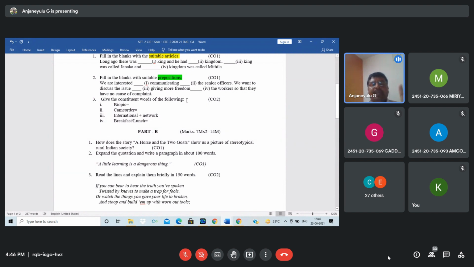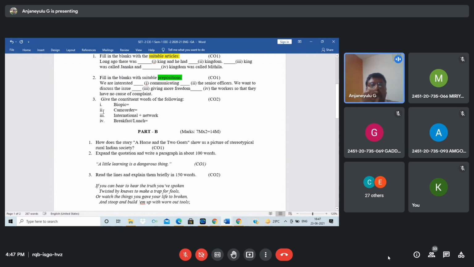What is the title of this? Vocabulary blendings. Did we discuss the blendings? Yes, sir. Blendings, contractions, compound words. So you have to elaborate the blendings. Here they asked blendings: give the constituent words of the following. Biopic, you have to elaborate.